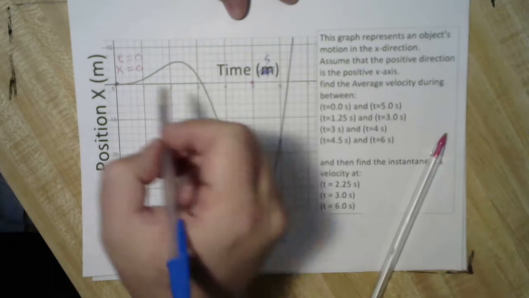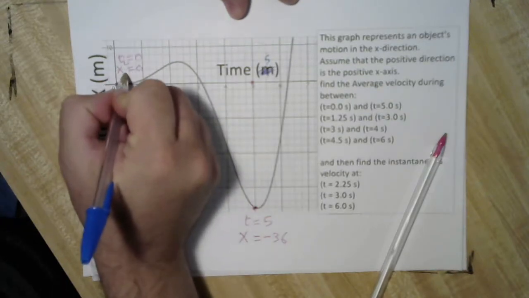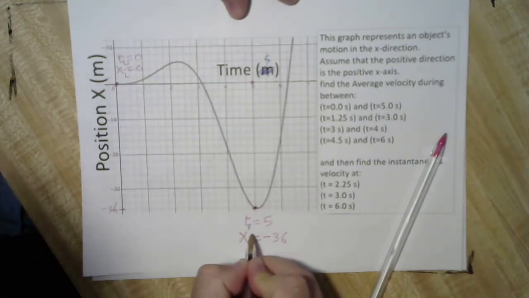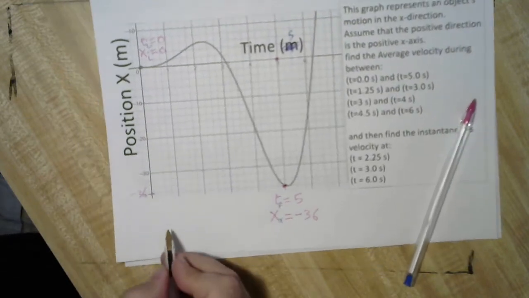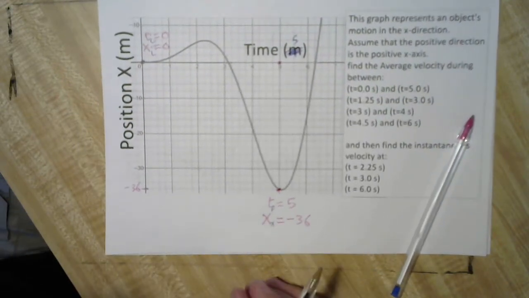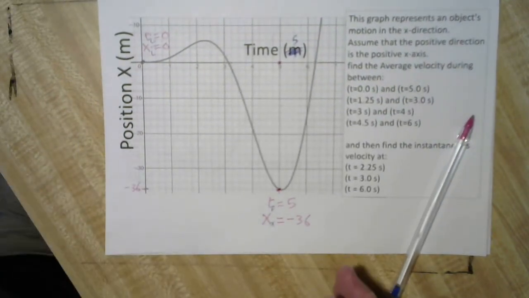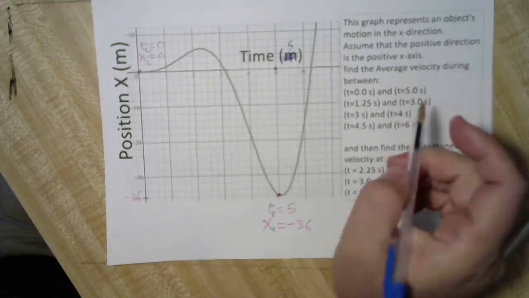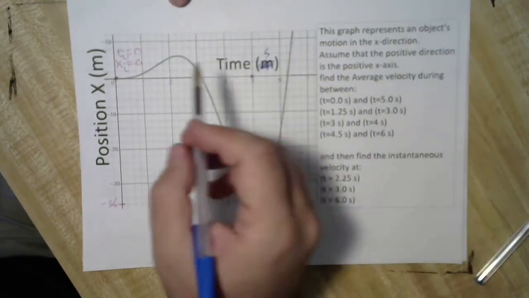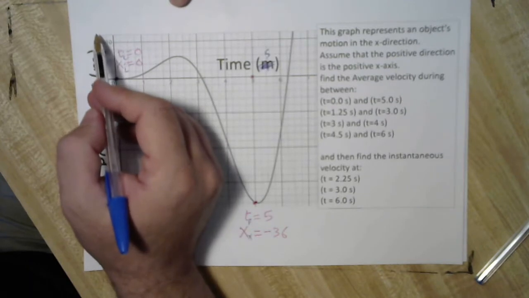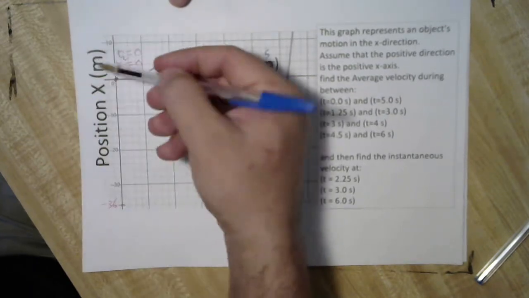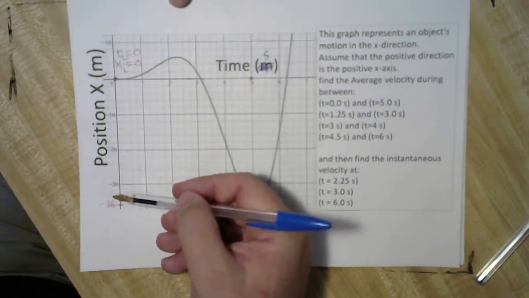I can use this as t initial, x initial, t final, x final. What is the velocity? I can compute now the velocity, not the speed, because I know the directions. I know that the positive direction is x positive and the negative direction is x negative.